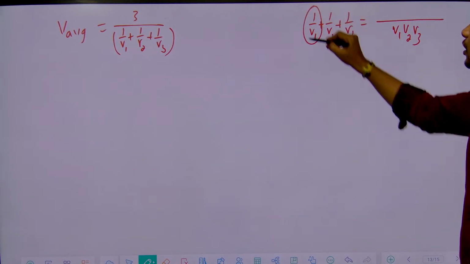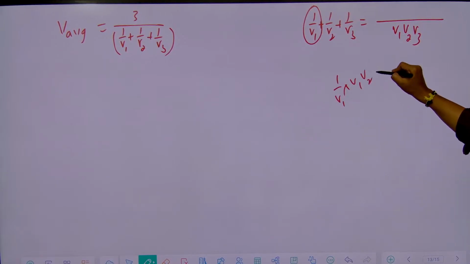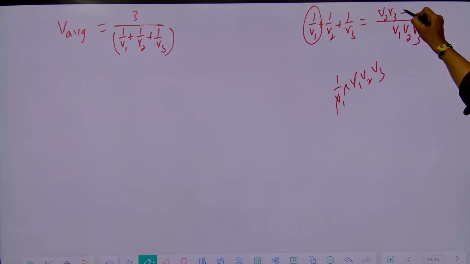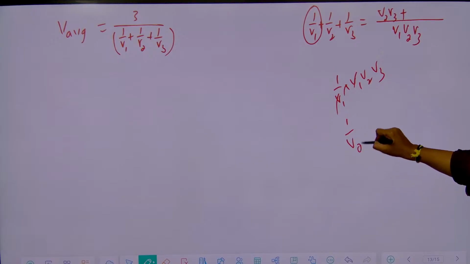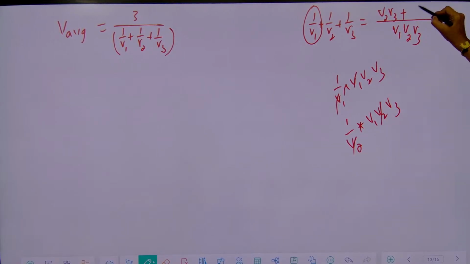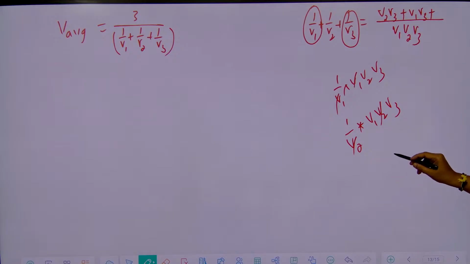Now the first part is 1/v1, multiplied by the total LCM v1v2v3, cancel v1 and v1. Then the first term is v2v3. The second part is 1/v2 multiplied by v1v2v3, cancel v2 and v2. Then the value is v1v3. The third part: do you remember how to do LCM?